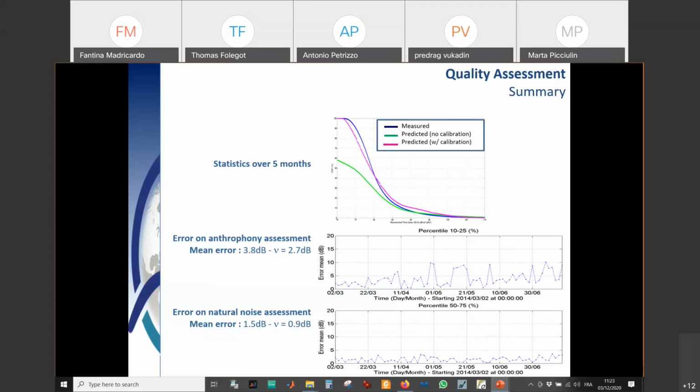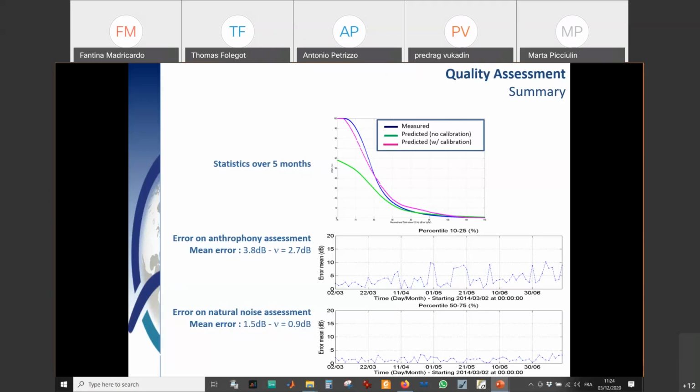We don't necessarily have all the vessels described in the AIS or the VMS data. So there is a remaining error. And once we produce the calibrated map, we are able to evaluate at the end the difference between what I have measured and the best I can predict.